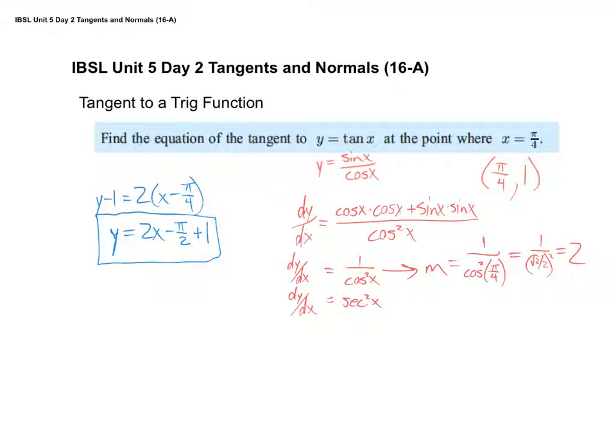Okay? But better that than to get decimals and round. We'd rather just keep it exact. Okay? Any questions about our tangent? Okay.